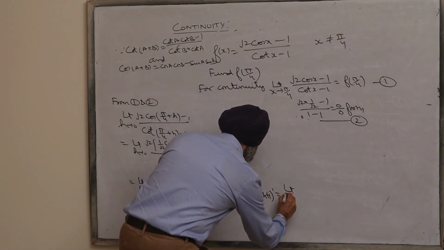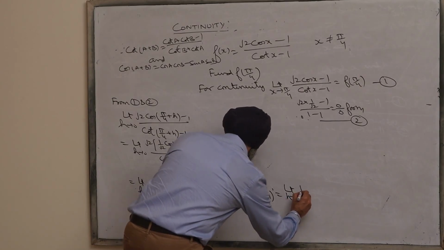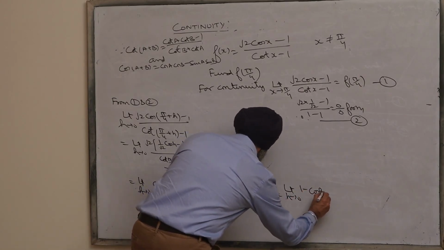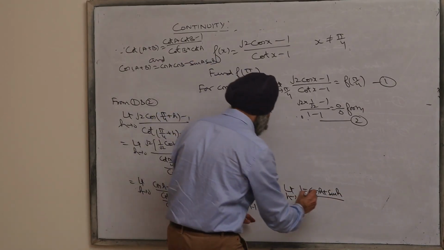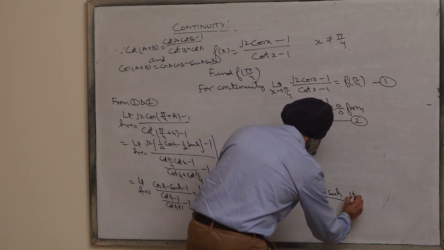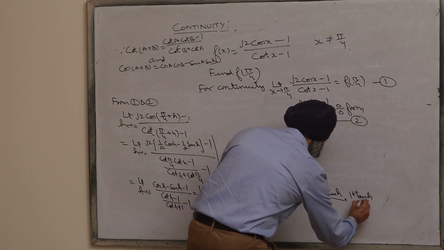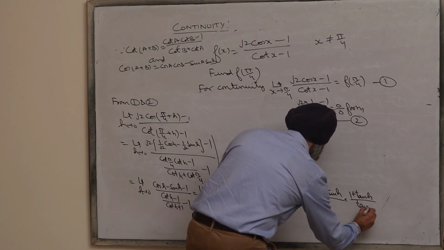It will be limit h approaches 0, 1 minus cos h plus sin h upon 2 times into (1 plus tan h) upon tan h.